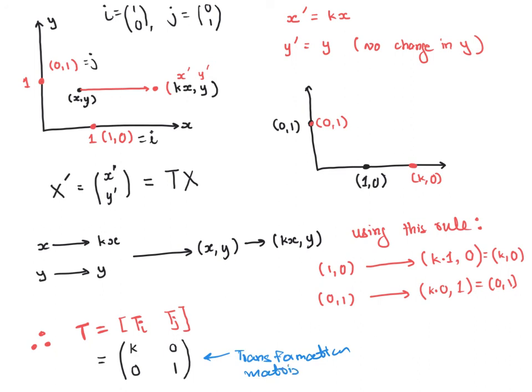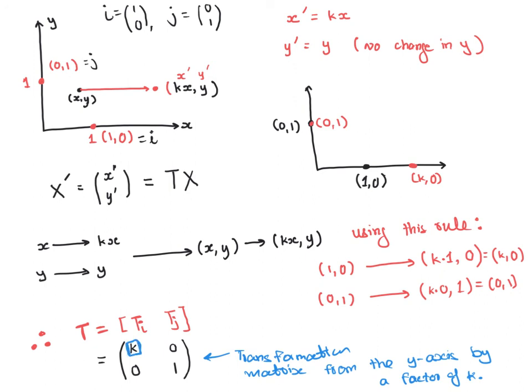So that is the transformation matrix for a dilation from the y-axis by a factor of k. All right, so remember the factor of k is in this position here.